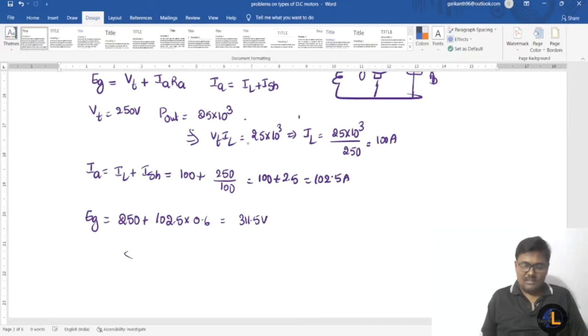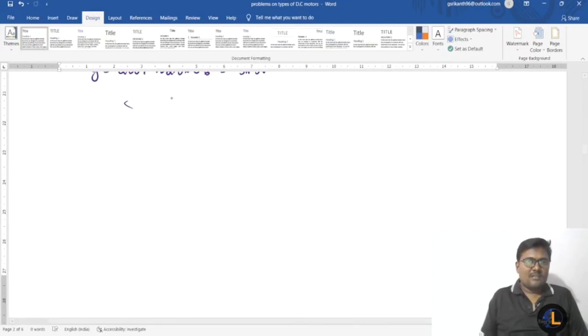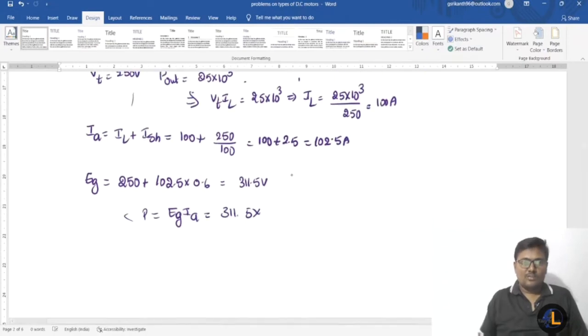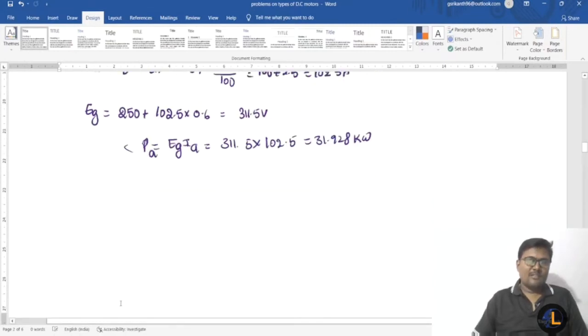The power developed in an armature is equal to EG into IA, 311.5 into 102.5. Then I got the answer as 31.928 kilowatts. This is the power developed in armature.